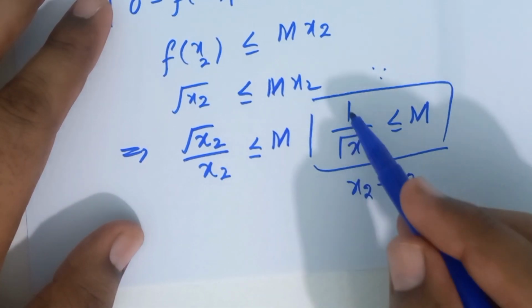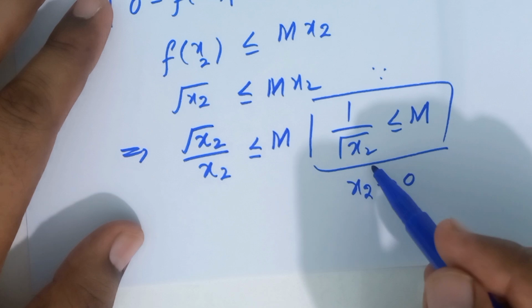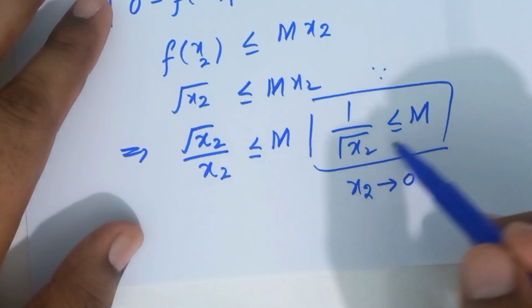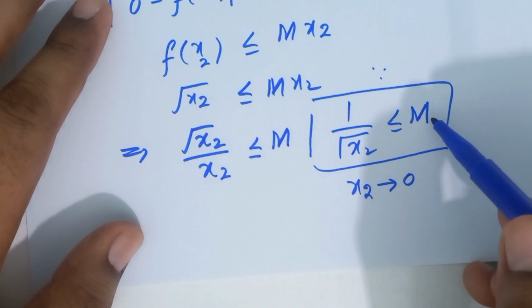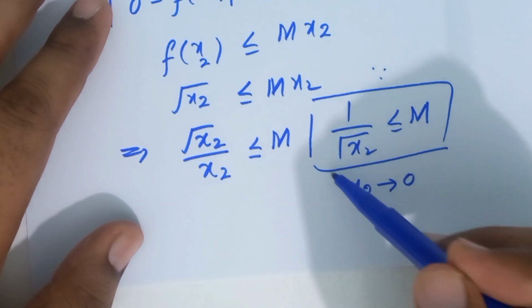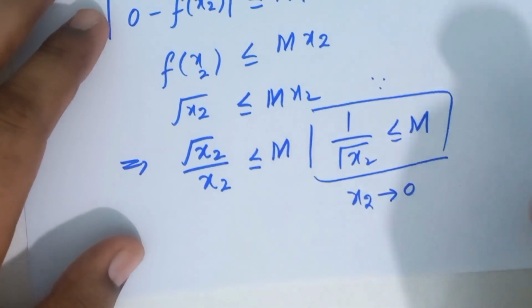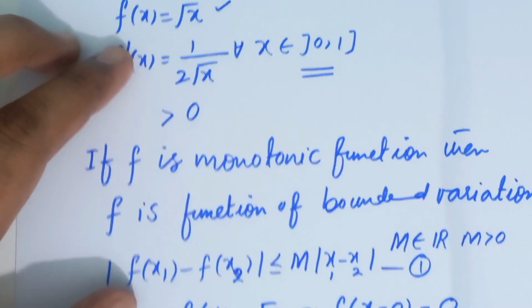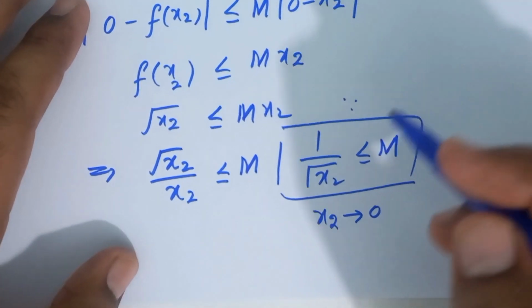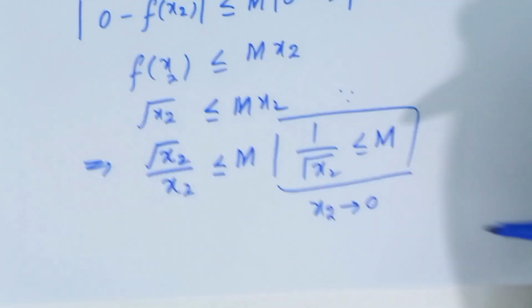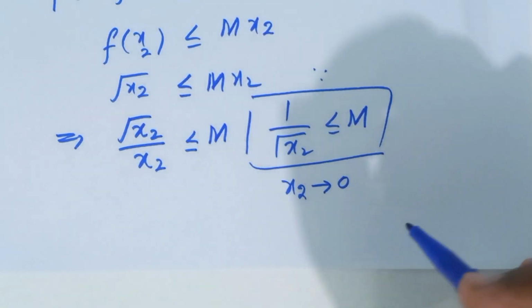That is, when x2 approaches 0, then 1 over square root x2 will approach infinity. So we cannot find a positive real number m for which this quantity can be bounded. That's why this function is a function of bounded variation, but it is not a Lipschitz function. I hope you have understood.